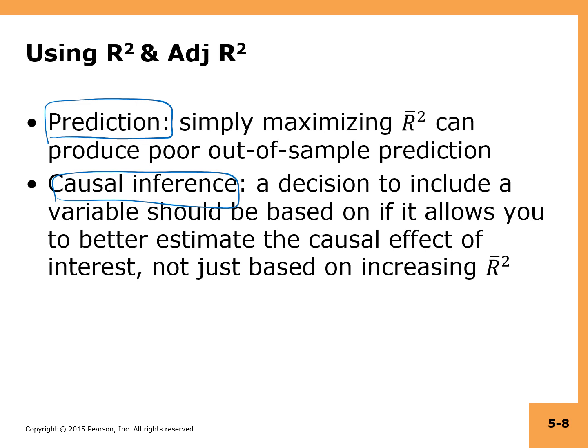The decision to add a regressor or not should be based on whether it's helping you estimate the causal effect of interest. So in short, when you're modeling something and deciding how many regressors or which regressors to include in the model, it shouldn't be purely based on increasing or maximizing the adjusted R-square.